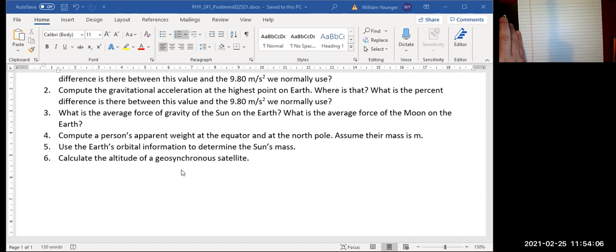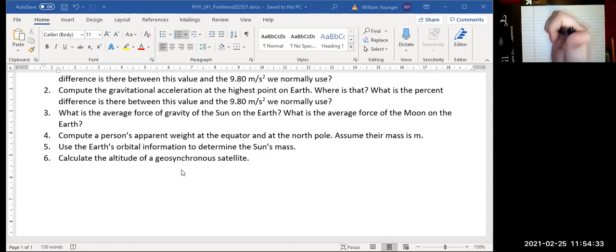That's relevant because those are the orbits we put satellites in for DirecTV and Dish Network, and also the cable ones too. Cable companies have a hub that gets satellite information, and then they send it out from their little hubs to your house via coaxial cable. So we're going to calculate a geosynchronous orbit.